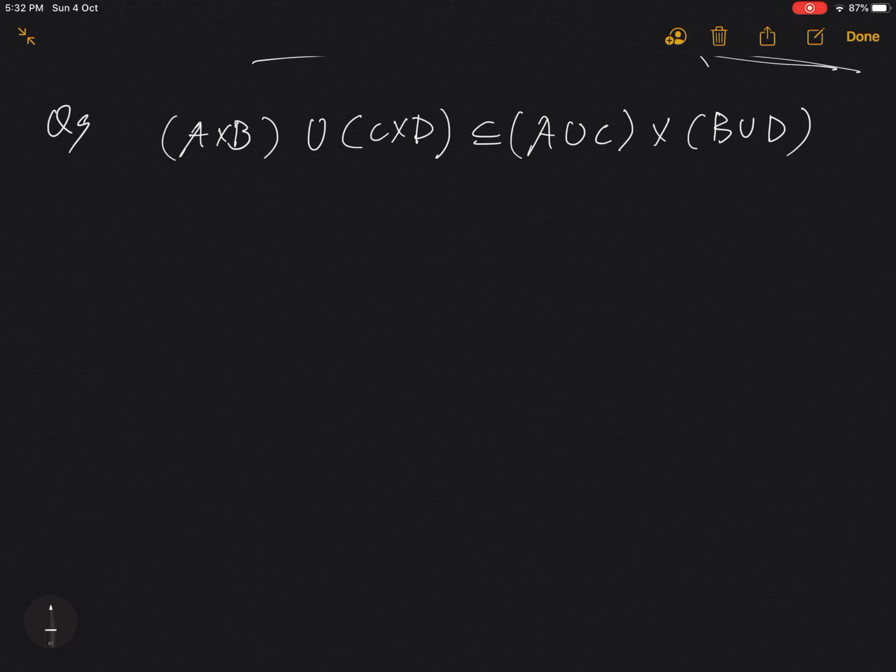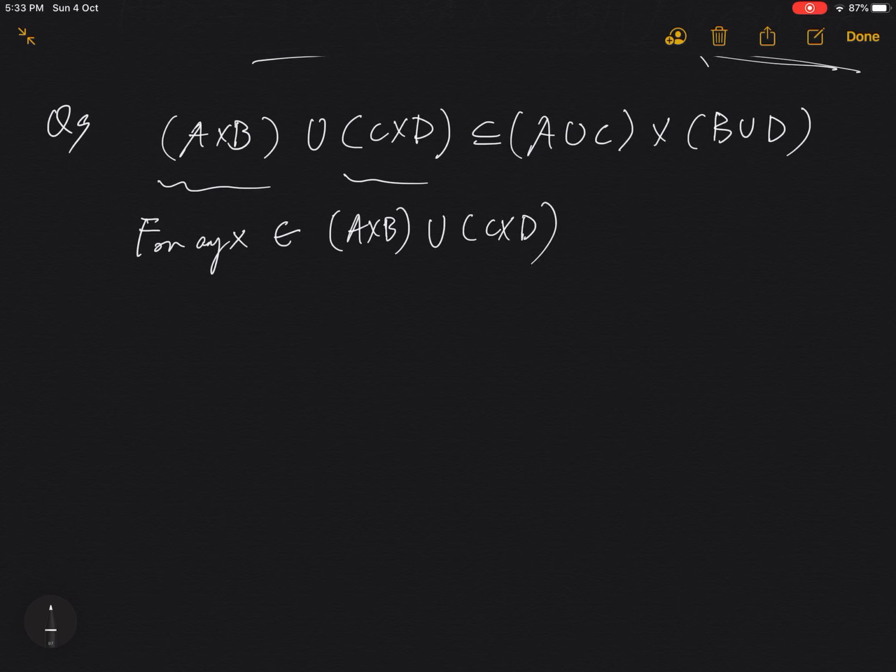For question 9, we need to prove this equality. So for this kind of question, if we start from the left hand side, for any x in this set, since it's the union operator here, it means this element can be in the first set and also can be in the second set.